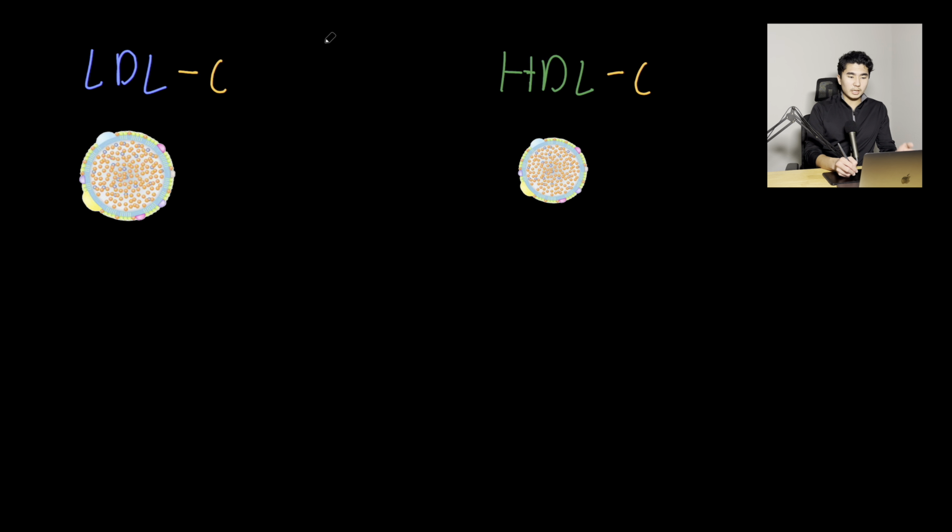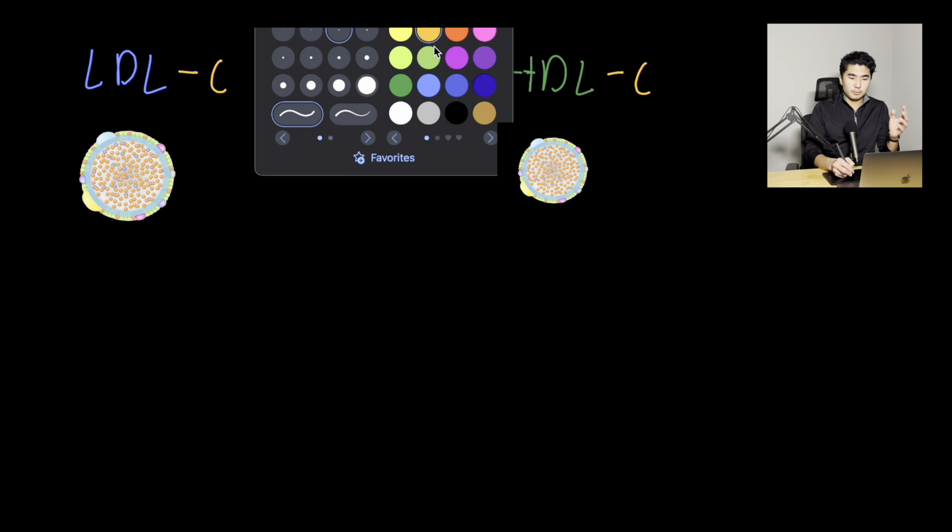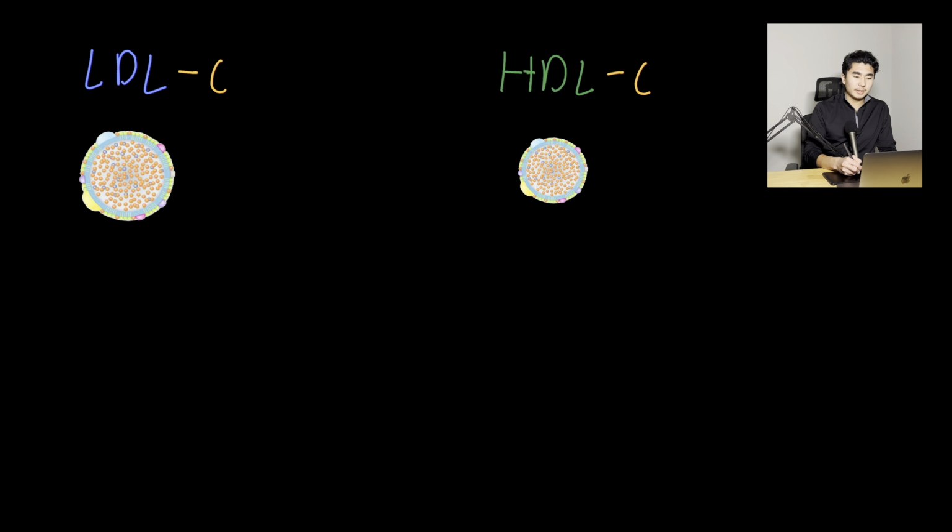Now, like I said, LDL usually has more cholesterol, and in these lipid panels, if you have a higher level of LDL cholesterol, you are at more risk for cardiovascular events. And there's this preconceived notion that LDL cholesterol is the bad cholesterol, and HDL cholesterol is the good cholesterol.